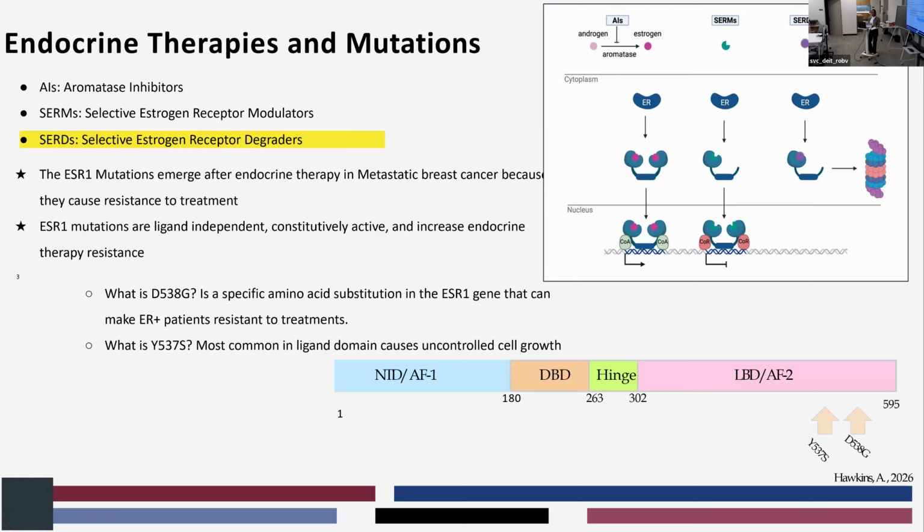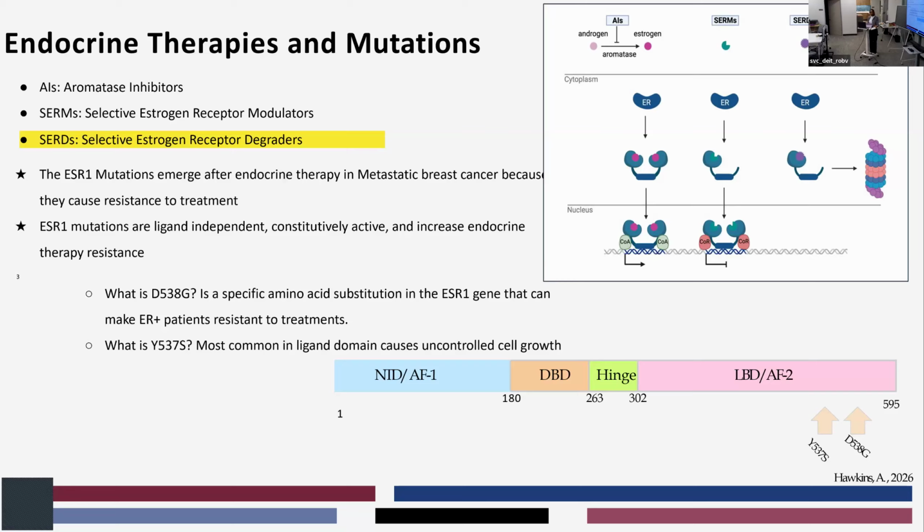So what are D538Gs? They're a specific amino acid substitution in the ESR1 gene that can make ER-positive breast cancer patients resistant to treatment. The letters D and G are shortened names for amino acids, and 538 refers to the position on the protein chain where the change occurred. The original D is for aspartic acid, but with the change, it is swapped for glycine.